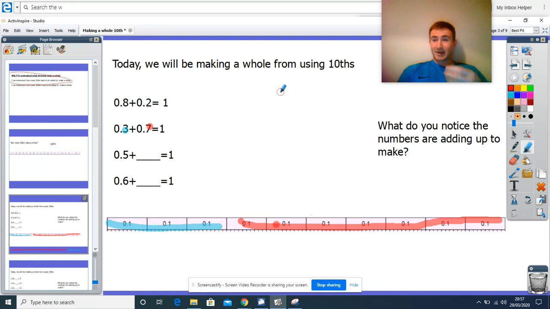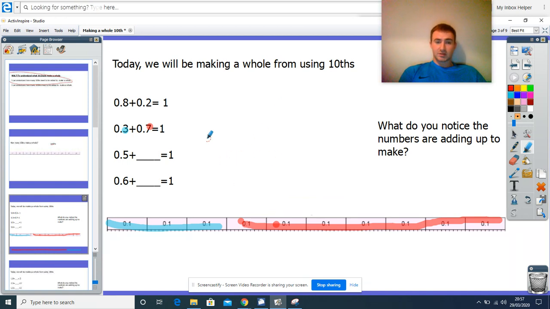And that's all we're doing, we're making tenths. 3 plus 7 equals 10. 0.3 plus 0.7 equals 1 whole, which equals 10 tenths, which is the same as 1 whole. Remember, 1 whole is the same as 10 tenths, as you can see down here.